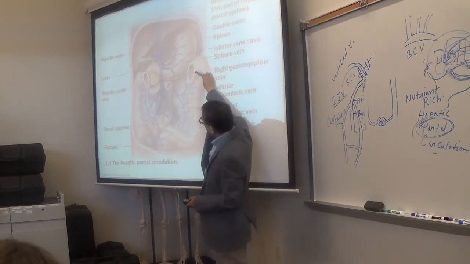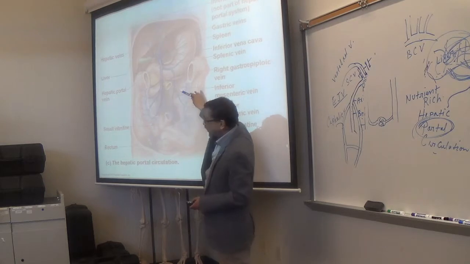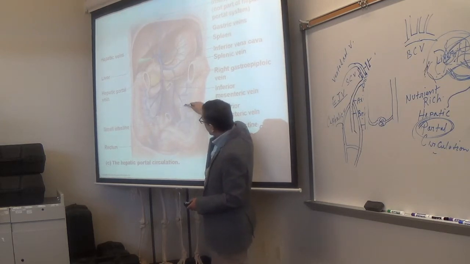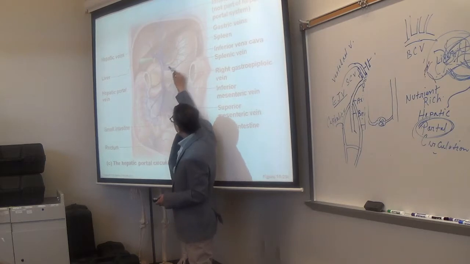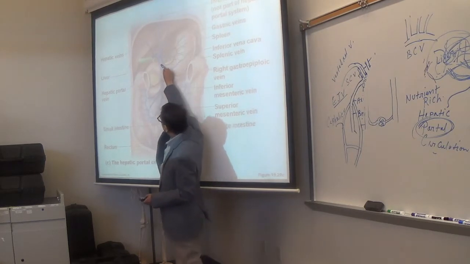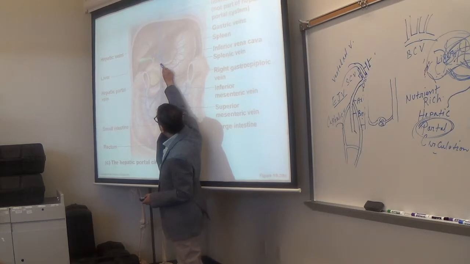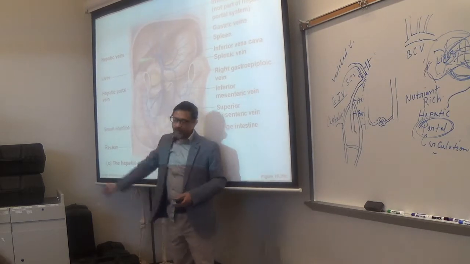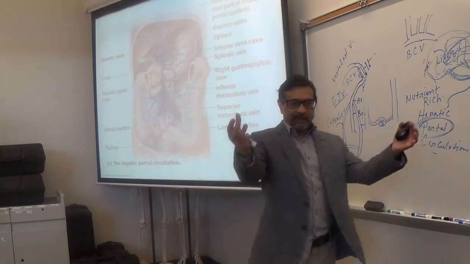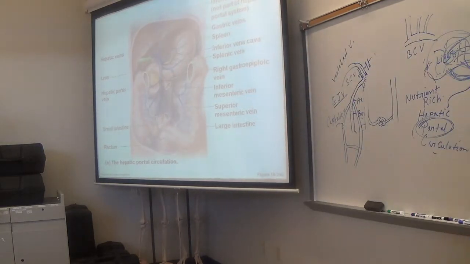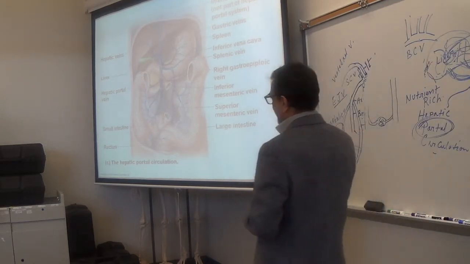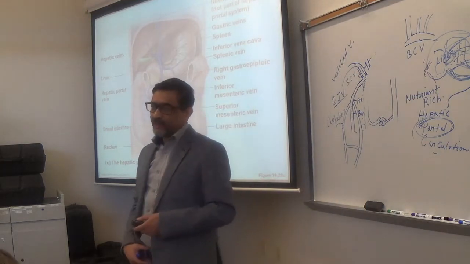From all these parts of your gastrointestinal tract, branches are going to the hepatic portal vein, and that is taking blood to the liver, collecting nutrients from your GI tract and giving them to the liver. We know already: from the stomach, gastric vein; from the small intestine, mainly superior mesenteric; from the large intestine, mainly inferior mesenteric.